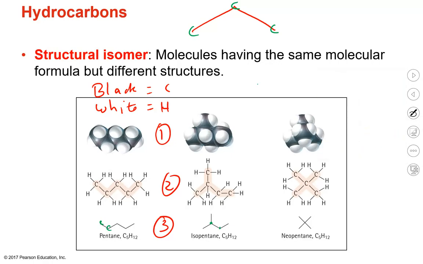If it can make 4 and it has 1 going to a carbon, how many remain? 3. And so it's going to have an implied 3 hydrogens. It doesn't show them because we can all do the math. There's a total of 4 bonds. If 1 goes to carbon, there must be 3 going to hydrogen.